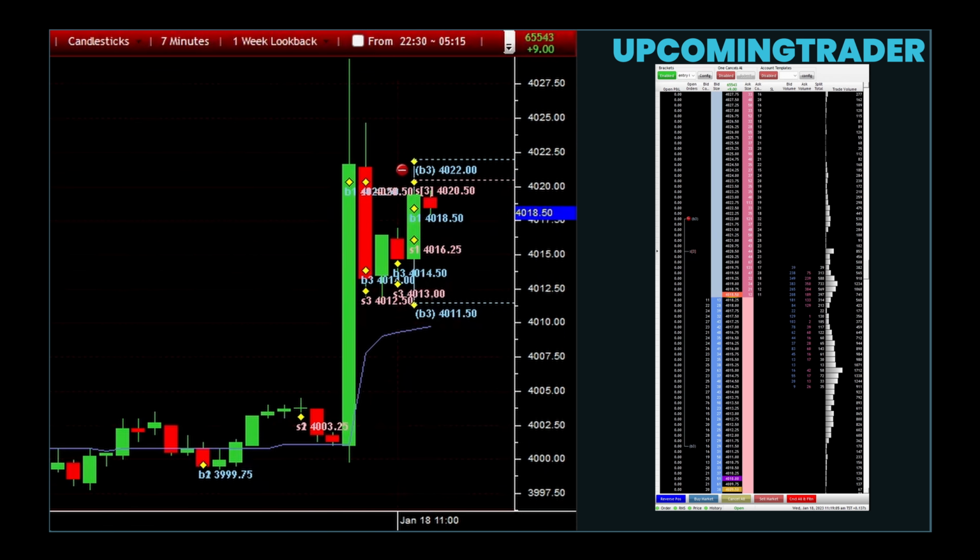Here are a few practical tips to help you get started with range charts. First, start simple. Choose a range size that fits the usual volatility of the asset you are trading. As you get more comfortable, you can experiment with different range sizes to see what works best for you. Second, pay close attention to breakouts.